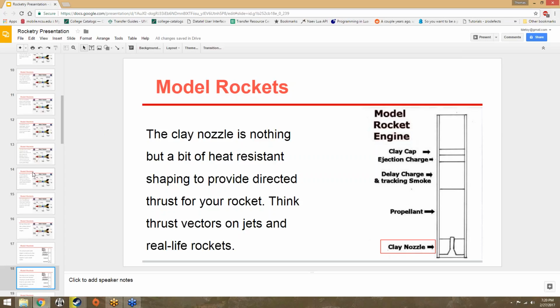It's simply because if that wasn't there, the propellant would be burning, and it would just all burn in a general downward direction with no actual real focusing, and it probably wouldn't provide very much thrust, maybe not even enough thrust for a model rocket to lift off. So the clay nozzle, the entire point of that is to take all of the thrust that the propellant exerts and basically put it into a much smaller radius, which would then make the rocket go upwards.